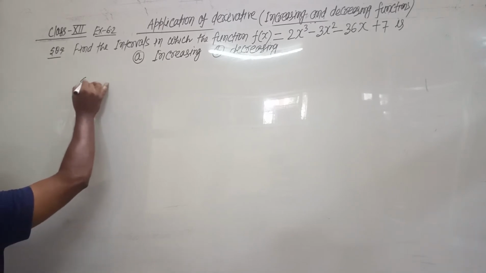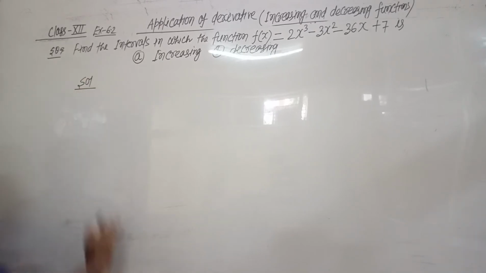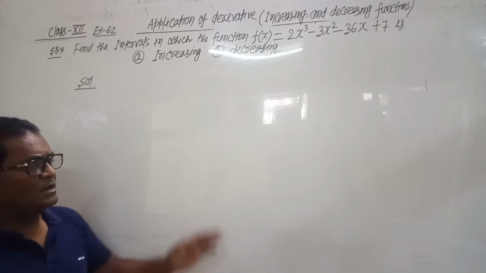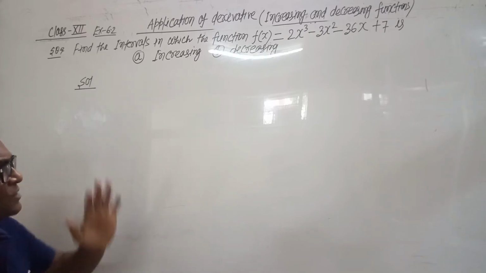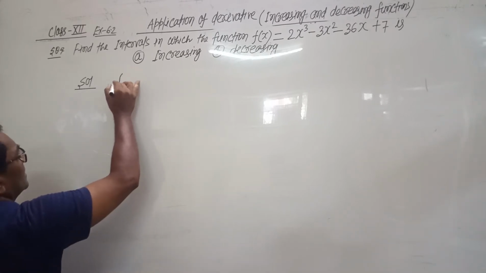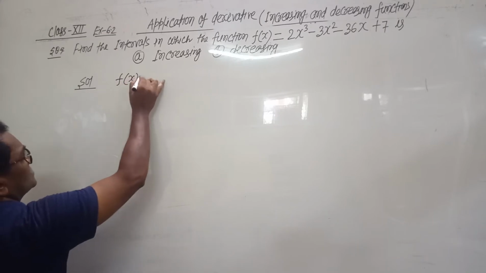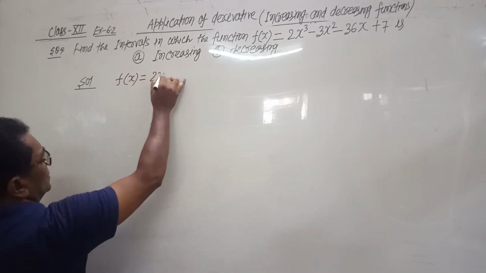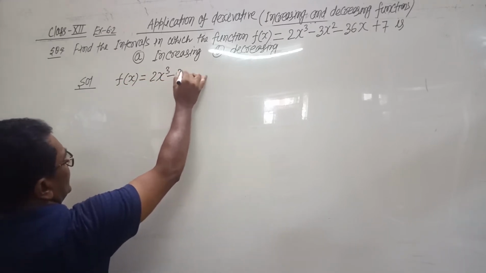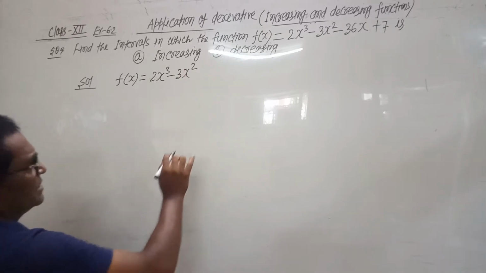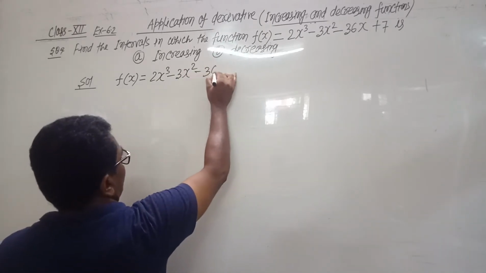The process of finding the intervals is, in the first step, we write the function which is given: f(x) = 2x^3 - 3x^2 - 36x + 7.